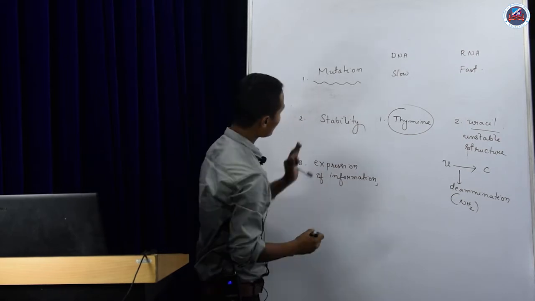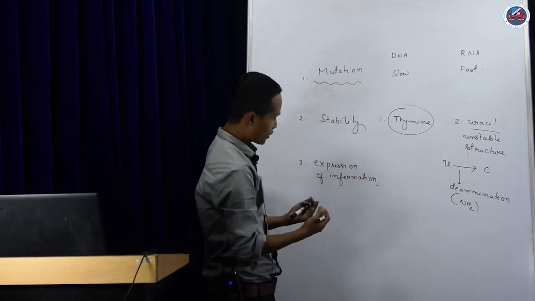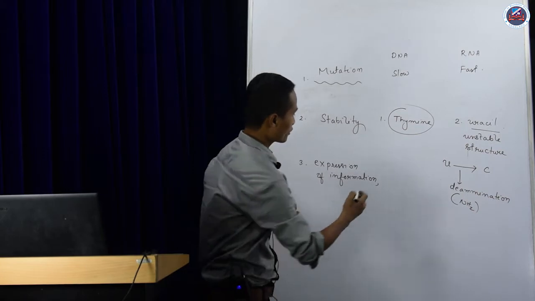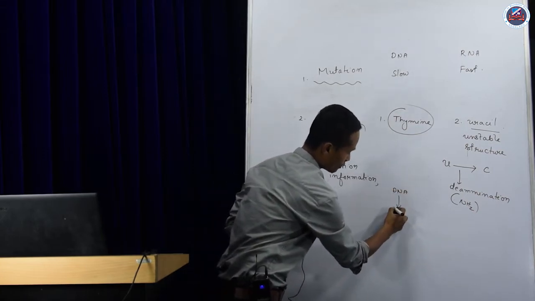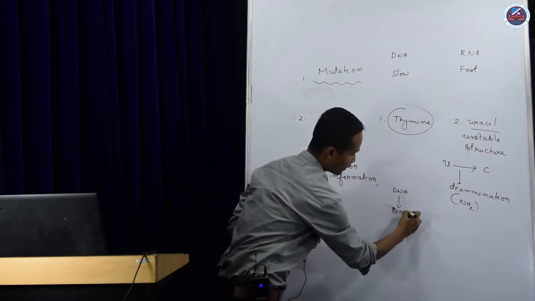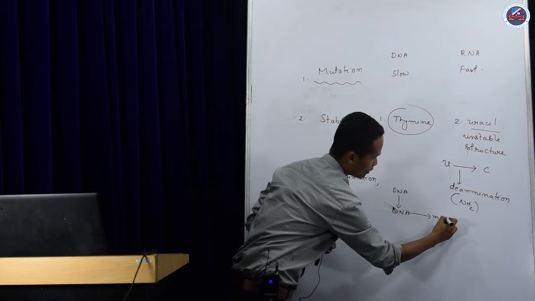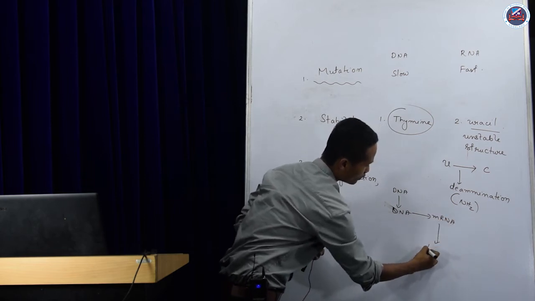In the case of expression for DNA, it has to convert from DNA to DNA, then to mRNA, and then to protein.